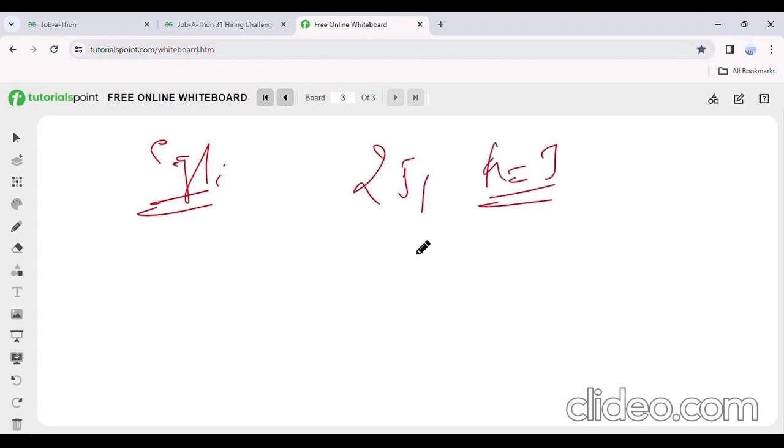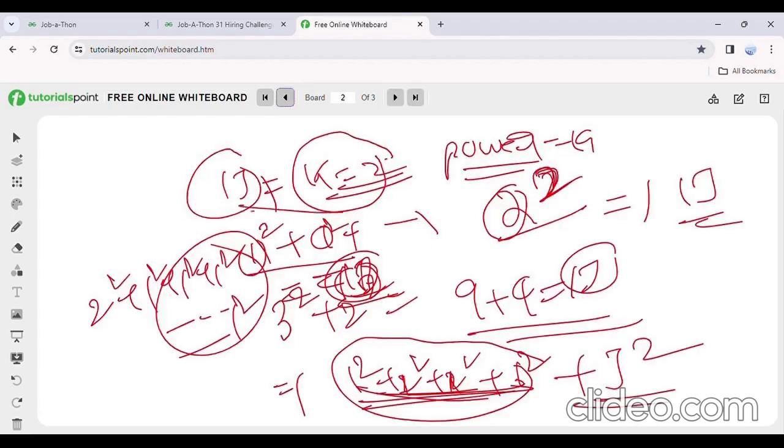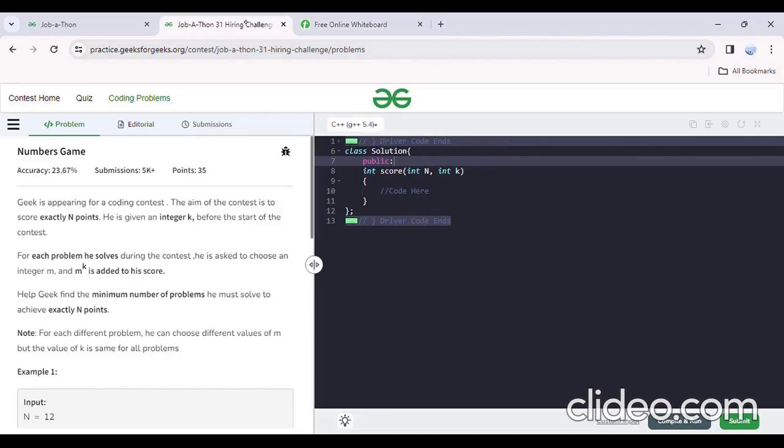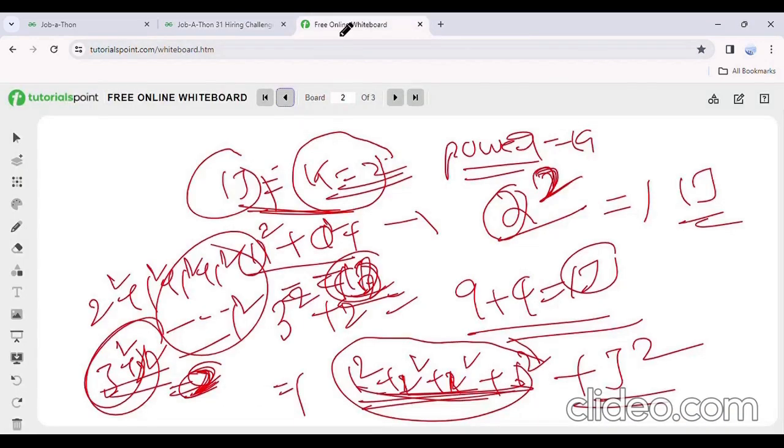Our task is to find the minimum number of ways, meaning the minimum number of numbers required to get this score. If we take 3 square plus 2 square, it is giving the minimum number, right? For solving each problem he gets this much score, so we have to find the minimum number of problems to solve to get this score.